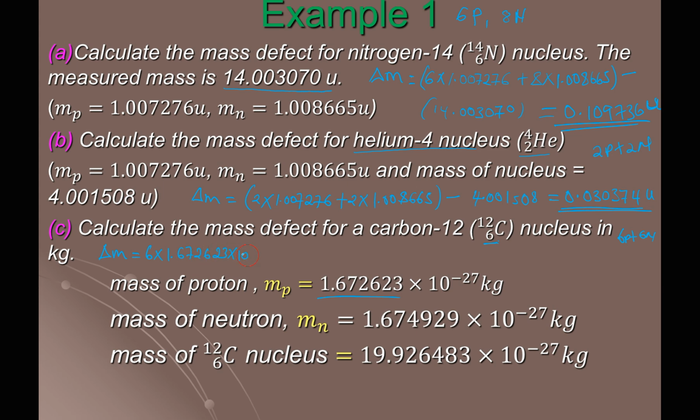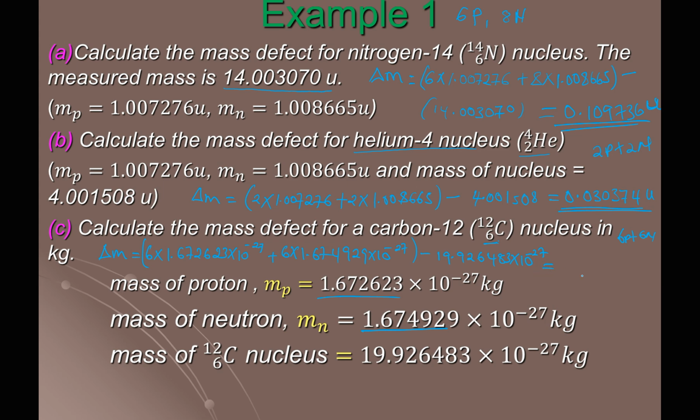1.672623 times 10 to the power of minus 27, plus 6 times the mass of a neutron, which is 1.674929 times 10 to the power of minus 27. Then I'll subtract the mass of the stable nucleus, which is given as 19.926483 times 10 to the power of minus 27.